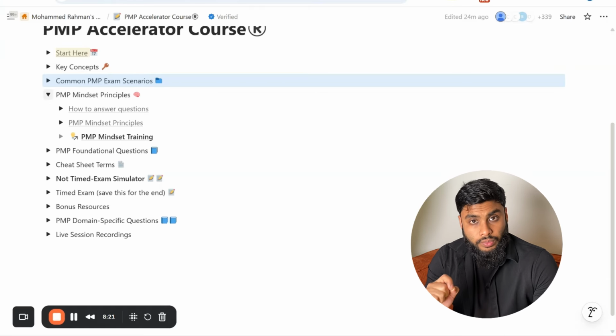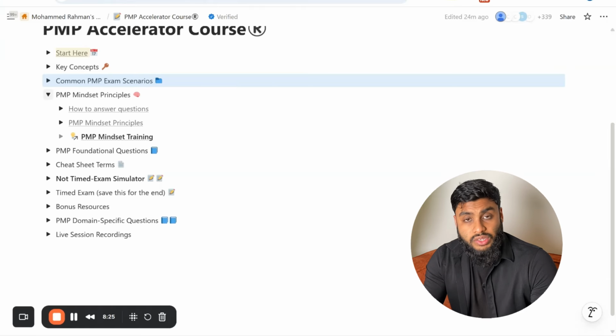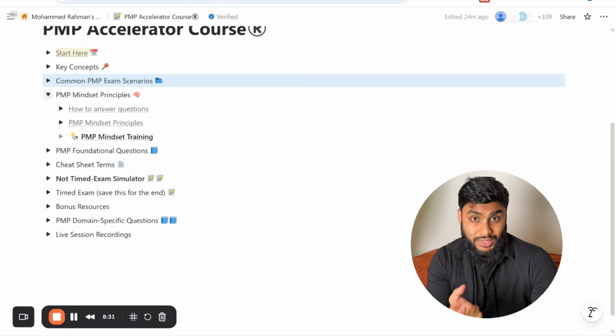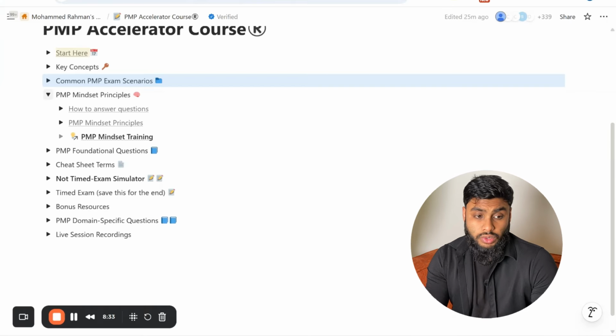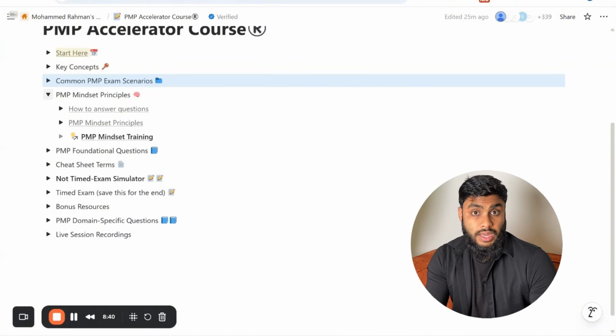The exam is highly based on principles. So make sure that that is a part of your study plan, PMP mindset, right? Whether it's my principles, whether it's someone else's, it doesn't matter. Make sure that is a core component when it comes to preparing for this exam. Don't just randomly solve problems, okay?